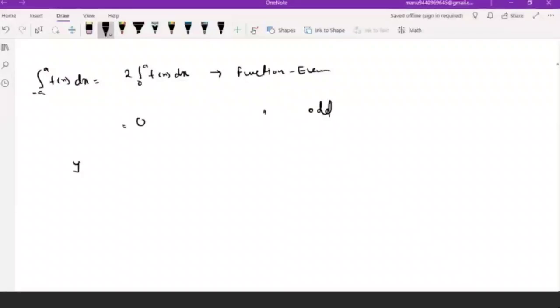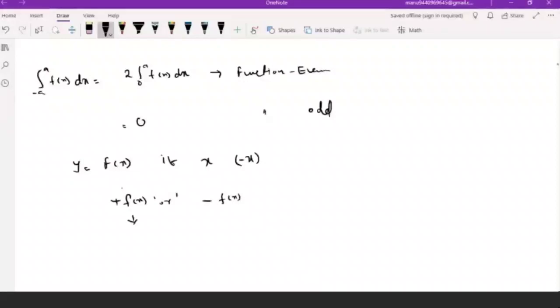Let y is equal to f of x be a function. If x can be replaced by minus x and you get the function value with a plus or minus sign, either plus f of x or minus f of x, we have to get one of them.